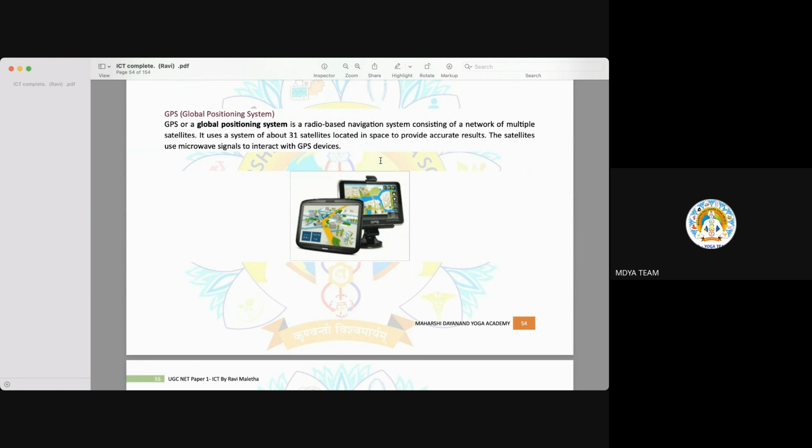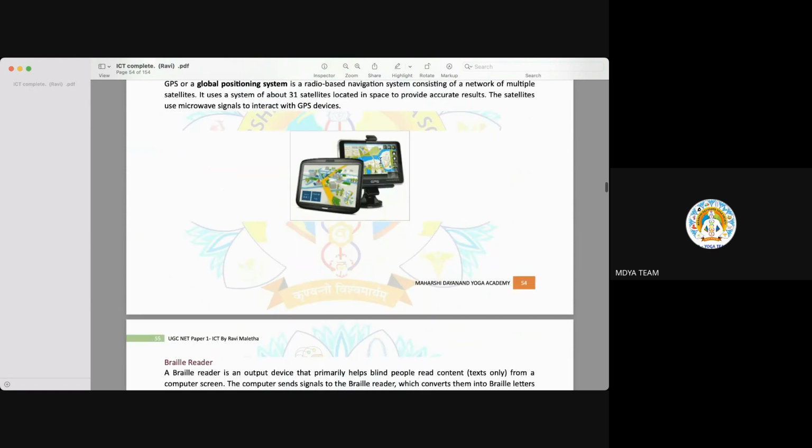So it uses a system of about 31 satellites located in space to provide the accurate result.